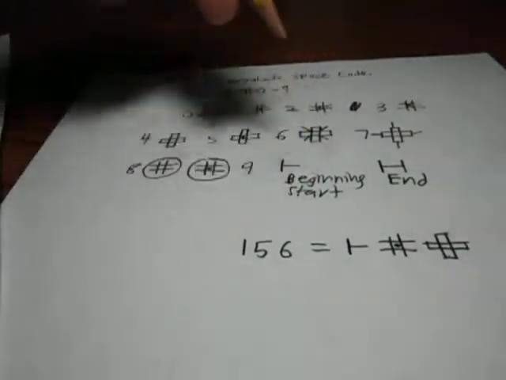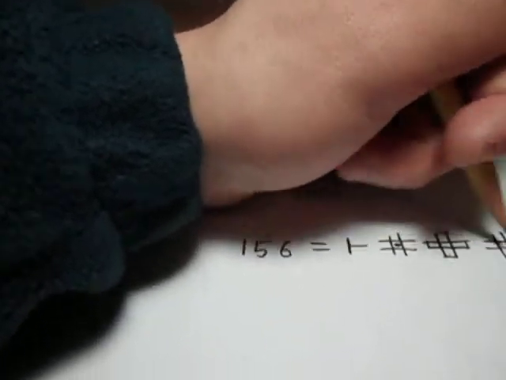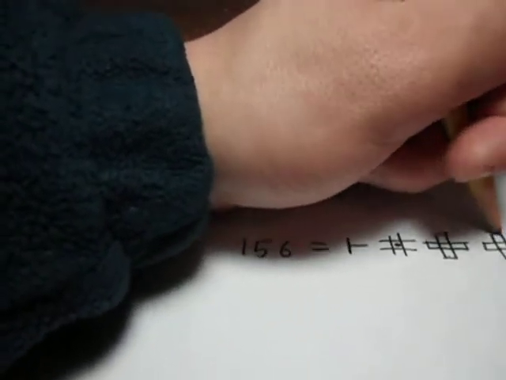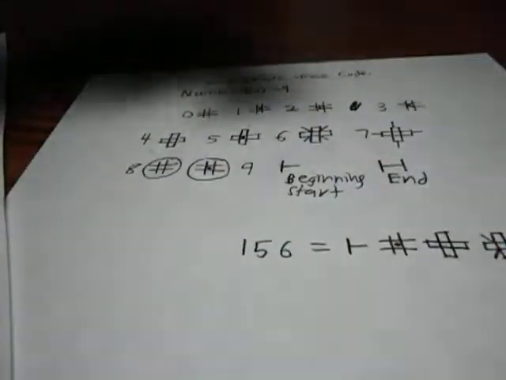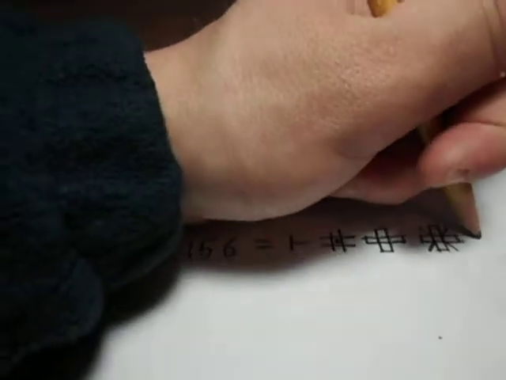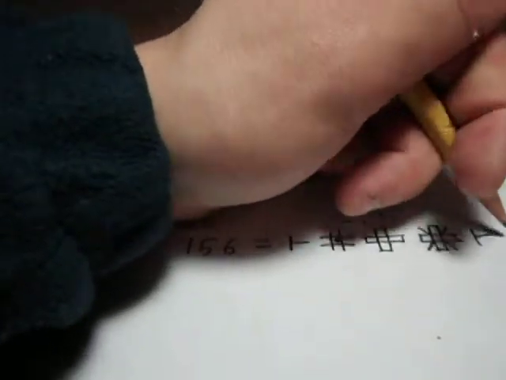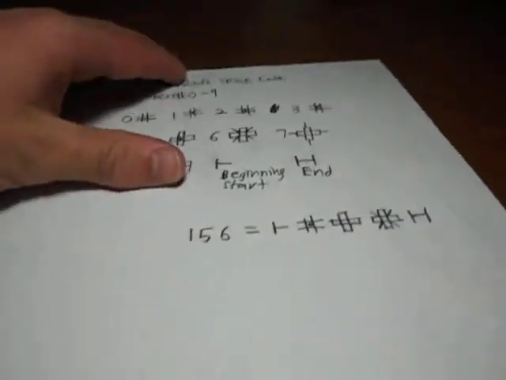And then the 6, for example. So there you go. Now you have 156, and at the end of that, so you know the last number or the last sentence, it would look like this.